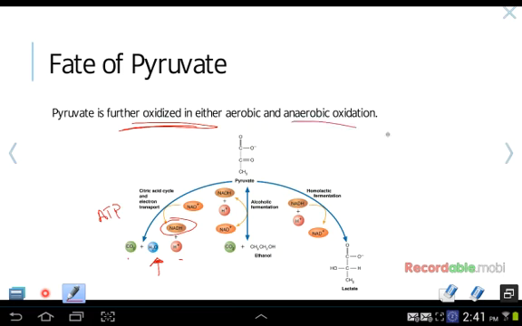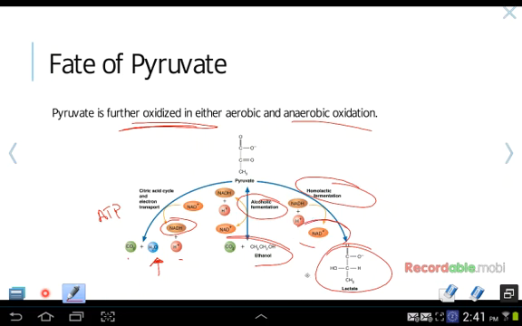Or we can undergo anaerobic oxidation. You can do alcoholic fermentation with bacteria, where you get ethanol and CO2. Or in our muscle cells, we can undergo homolactic fermentation, where we get lactate buildup, as well as regenerating our NAD+ to use back in glycolysis. We'll touch back on that later.